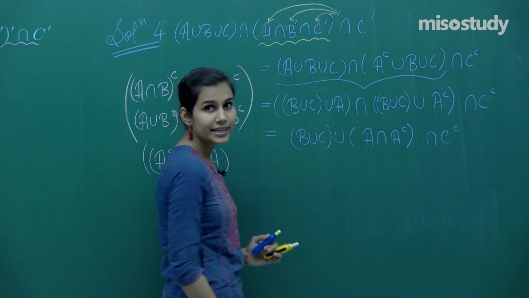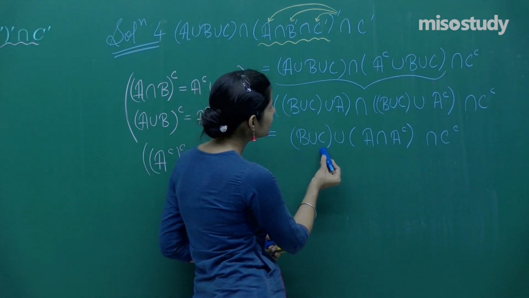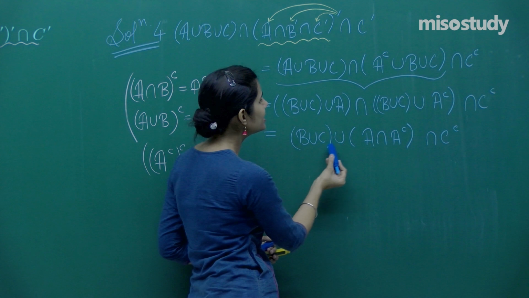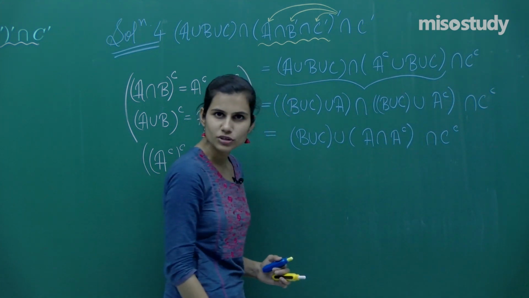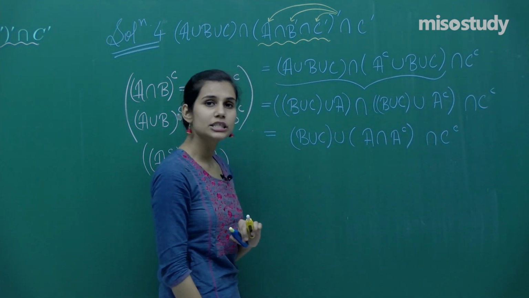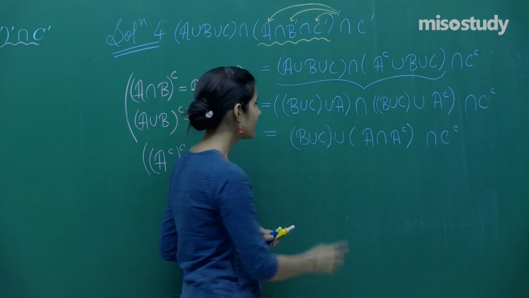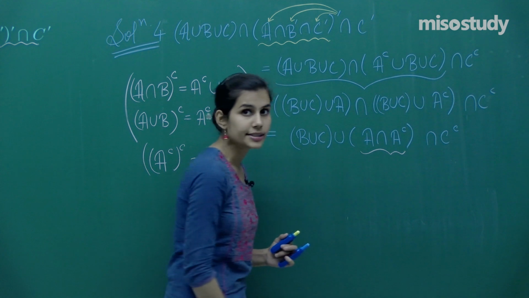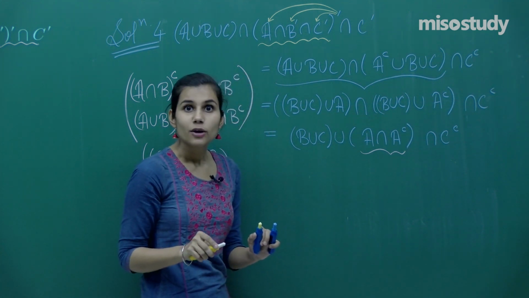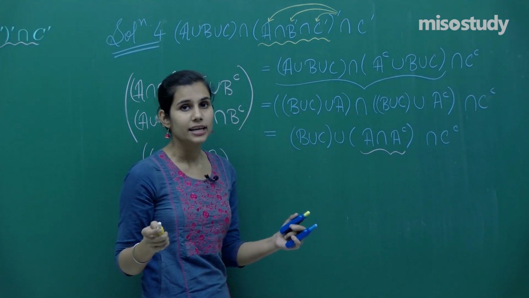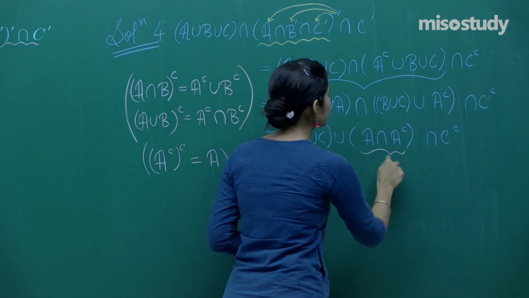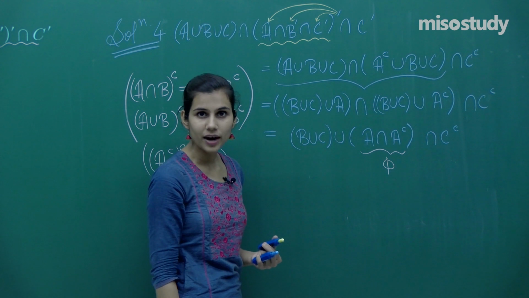Because once you open it, what will you get? B union C union A, which is here, intersection B union C union A complement, which is here. I have just used the distributive law, that's it. Now, you know that A intersection A complement, members which are in A with members which are in not A. Of course, there is nothing in common between them, and therefore this is nothing but the empty set phi.